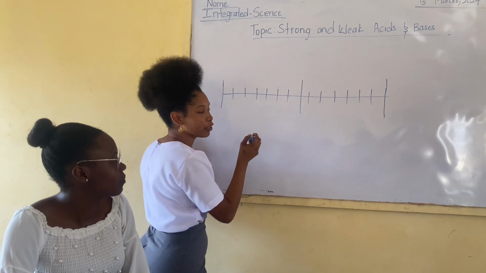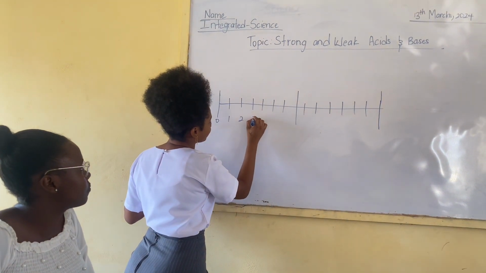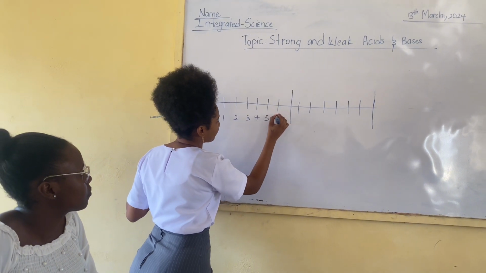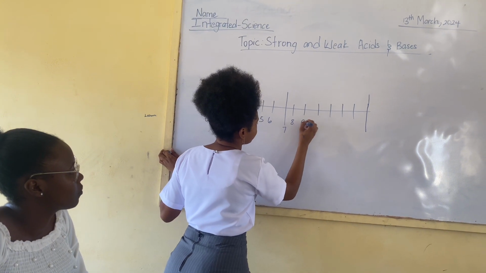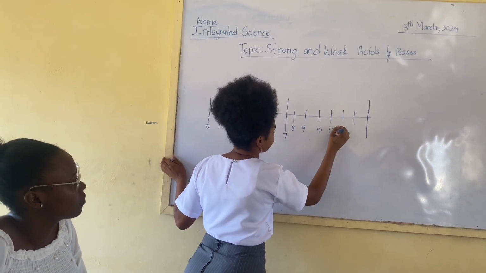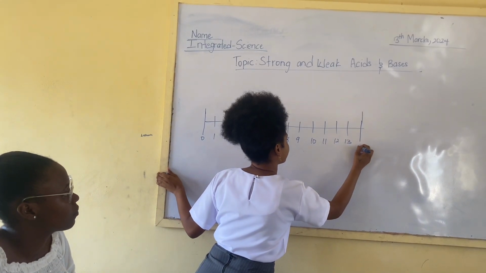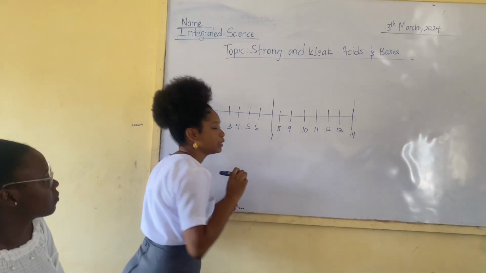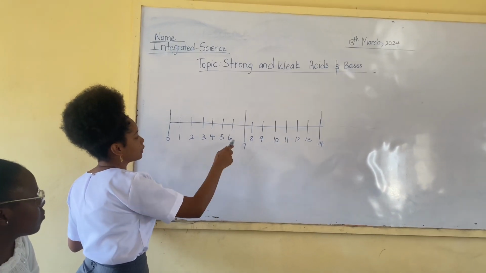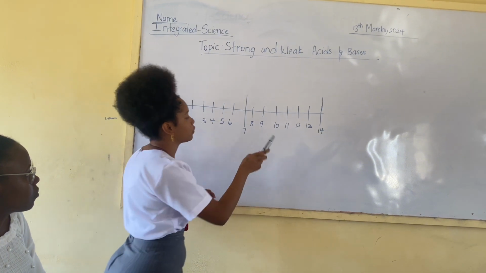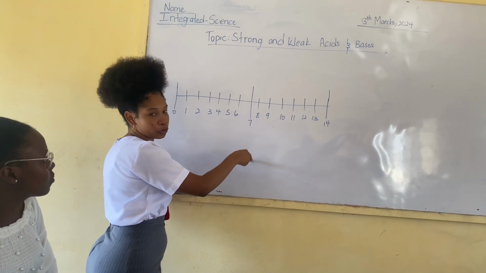We're going to start from 0. So we said in the last class that acid ranges from 0 to 6 and bases range from 8 to 14. And 7 is neutral.